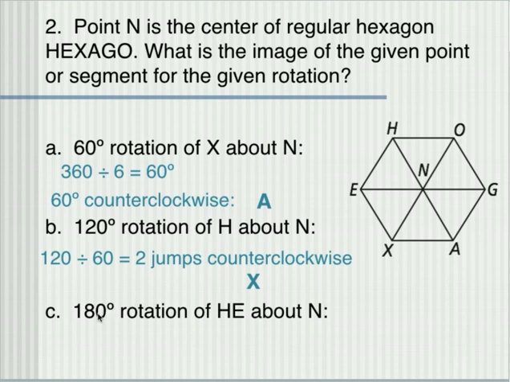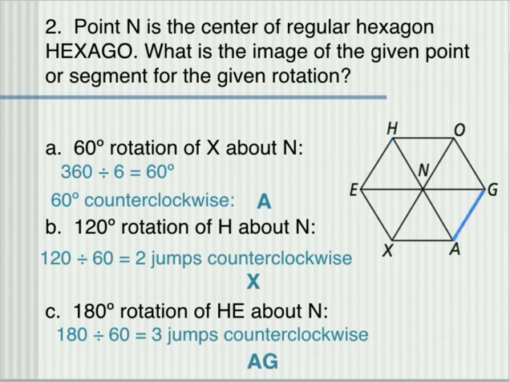It's a 180-degree rotation, so if each jump is 60 degrees, that'd be 3 jumps. But the thing about it is you're rotating the whole segment HE. So we're rotating the HE segment 3 jumps counterclockwise. 1, 2, 3. So the segment it ends up on is segment AG.